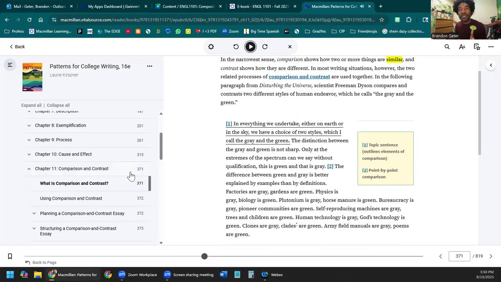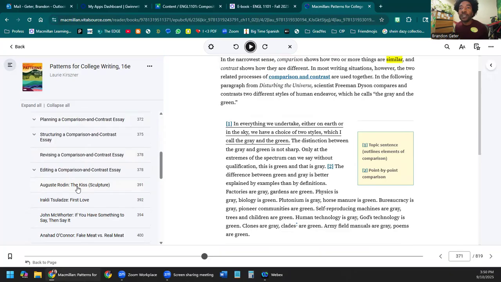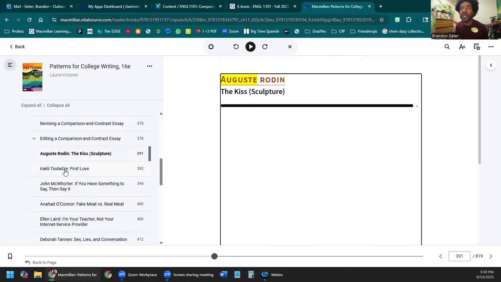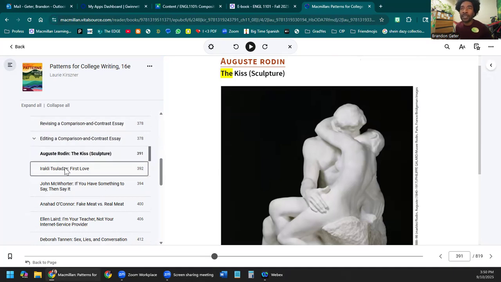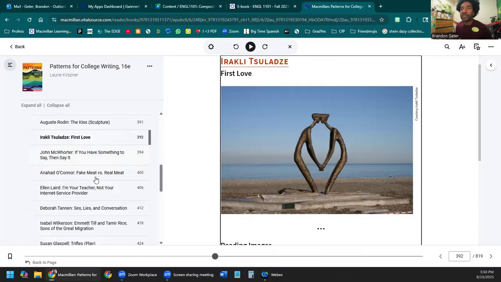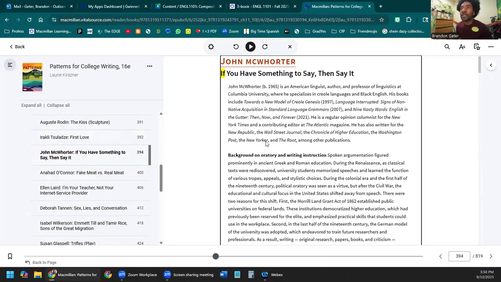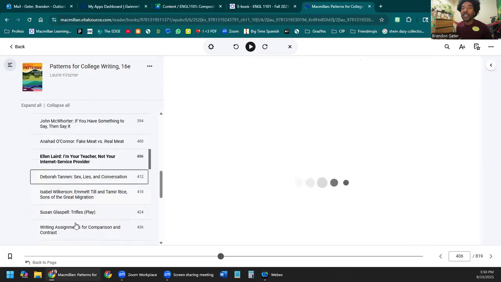So you're going to read the chapter, the contents of the chapter, and then at the end of the chapter, there are some professional essays and examples of compare and contrast writings, starting with John McWhorter. If you have something to say, then say it. And then we have O'Connor and the rest of these.